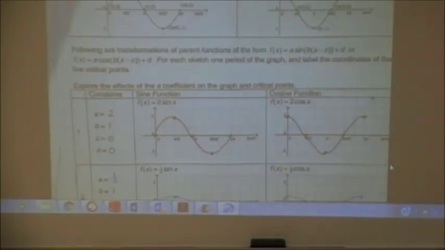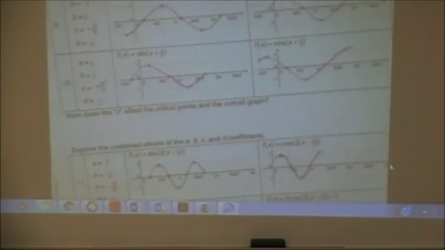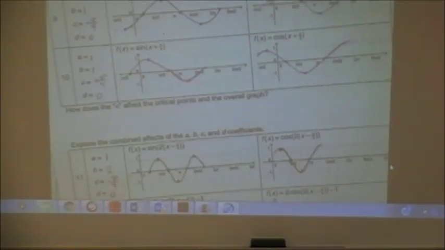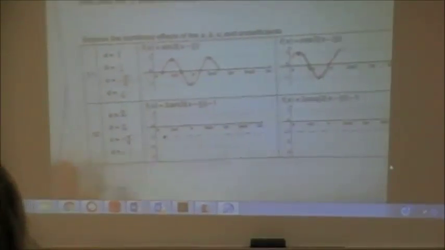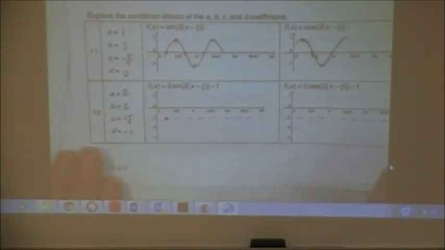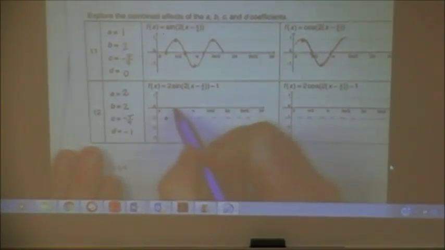I have that B value of 2, which means I have to divide by 2 or multiply by a half, which puts me at pi over 4. And then I know that I have that shift by another fourth, so I should be at half pi. So when I go up 2, I'm going to be at half pi, so that would put me right here.